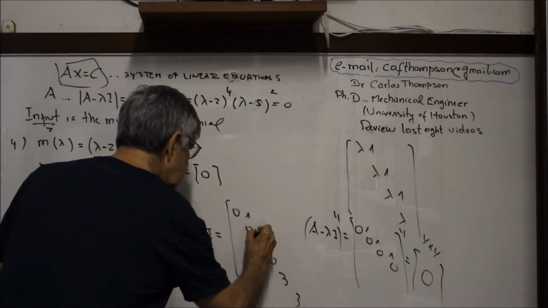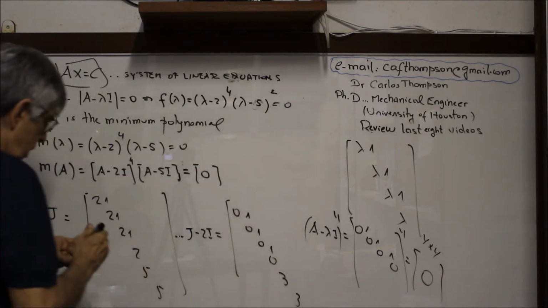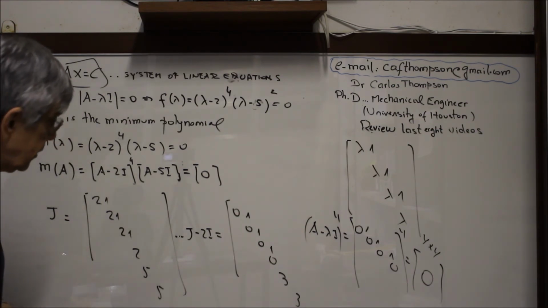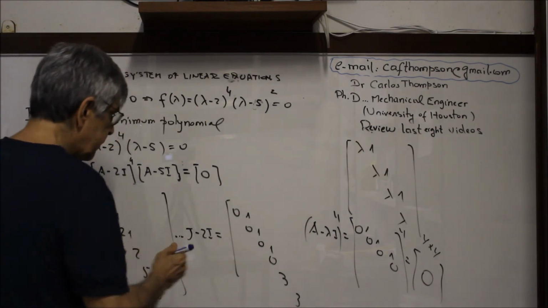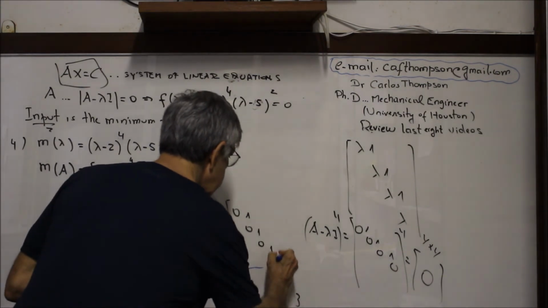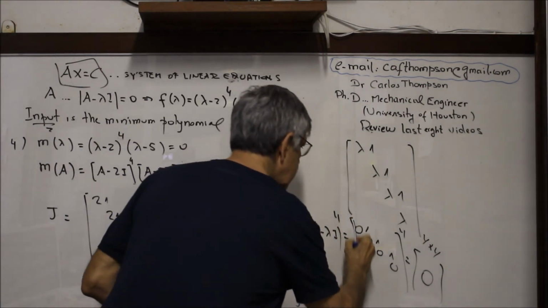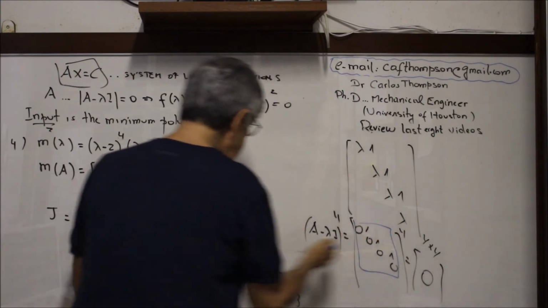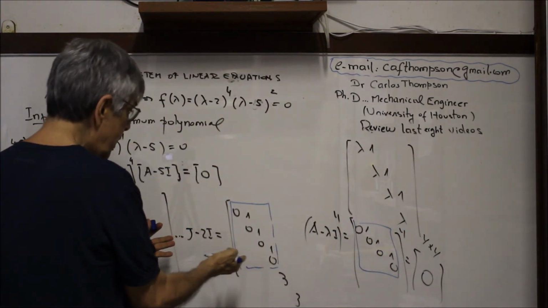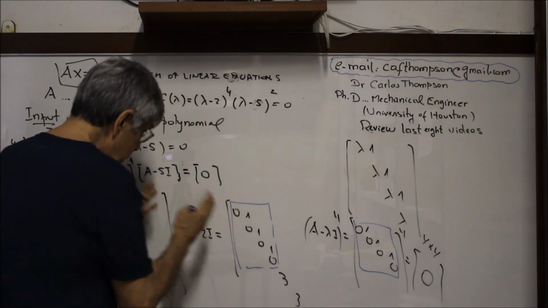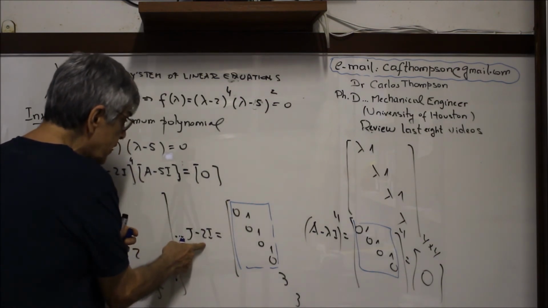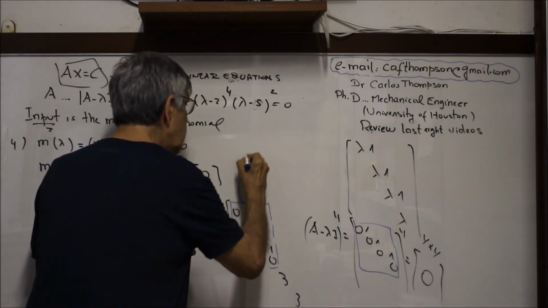Let's fill this with 1 here. You just look, okay? Look at here, and look at here. The same thing. See? Same. Now, you see that for lambda equal to, I have only 1 block.